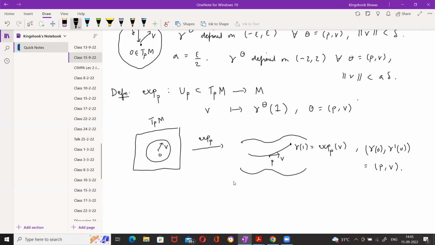Okay, so what will X_P of TV be if T is a real number?